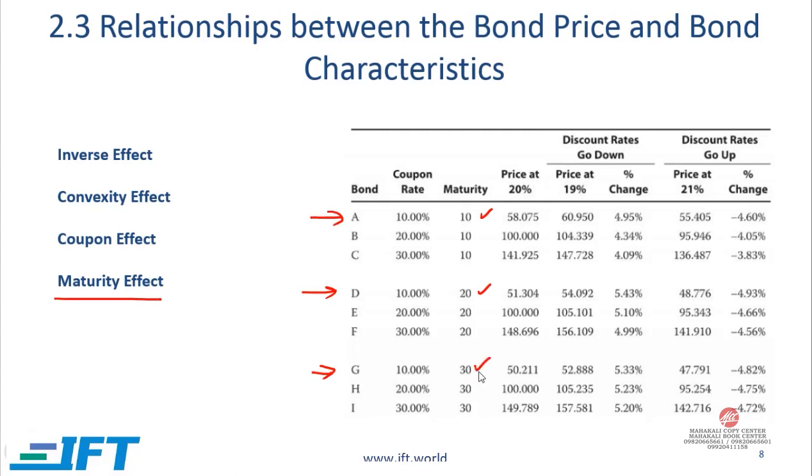When bonds have a longer maturity, the impact of a change in interest rate is greater. So here with bond G, the impact is 5.3 and 4.8 relative to bond A, where the impact is 4.9 and 4.6.